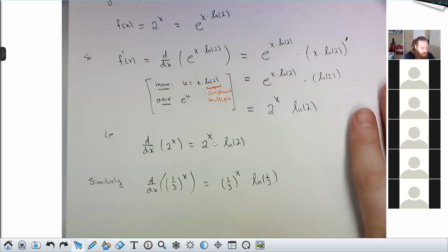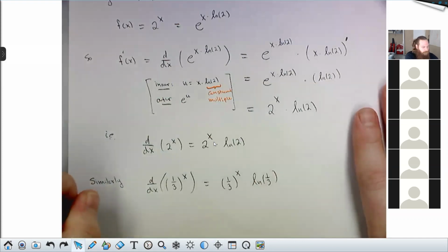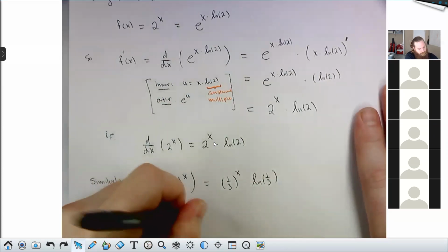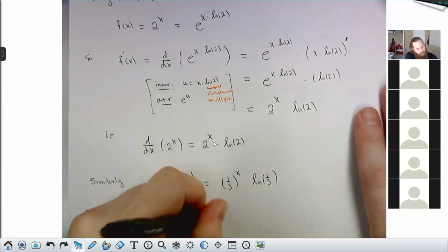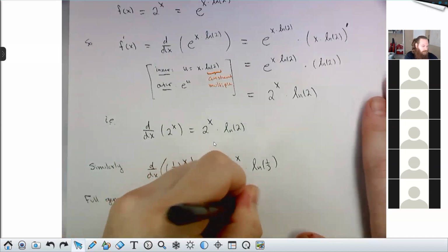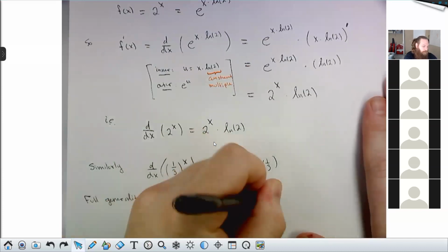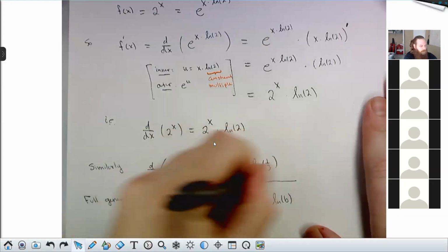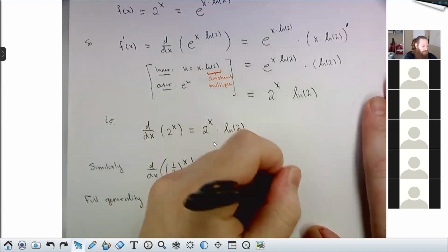If you want to differentiate e to the x, you would get e to the x times the natural log of e. It's just that the natural log of e is 1. So in full generality, the derivative of b to the x, the base b exponential for any positive number b, is b to the x times the natural log of b. And this is a rule you should remember.